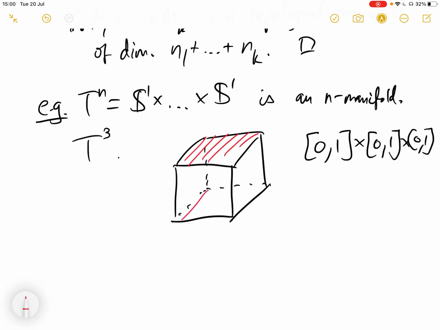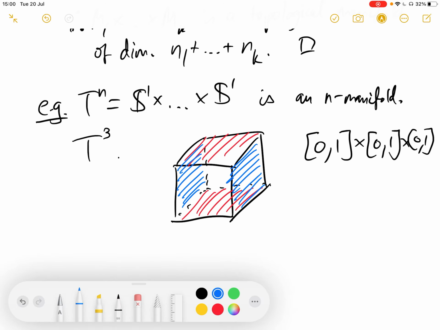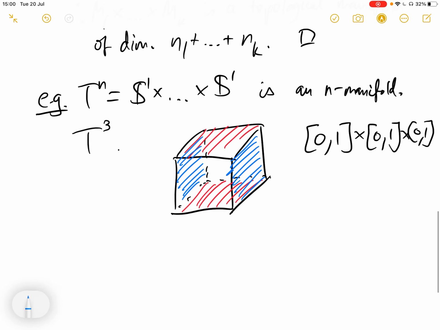The red face at the top, we're going to glue to the red face at the bottom. The blue face on the right, we're going to glue to the blue face on the left. And the 2 faces I haven't shaded at the front and the back, we're also going to glue together.